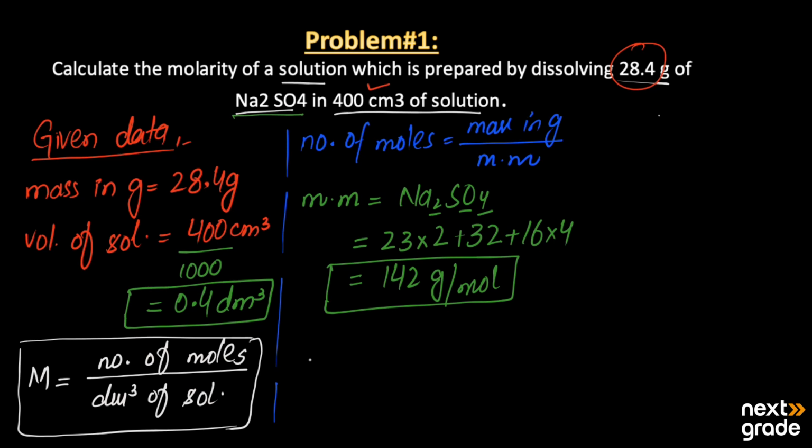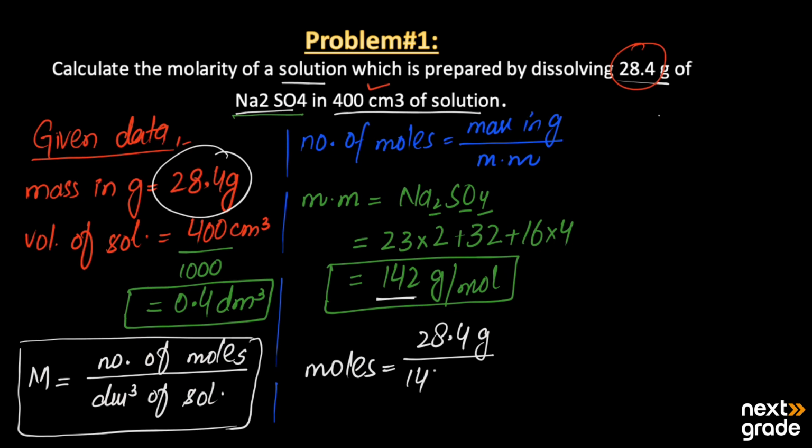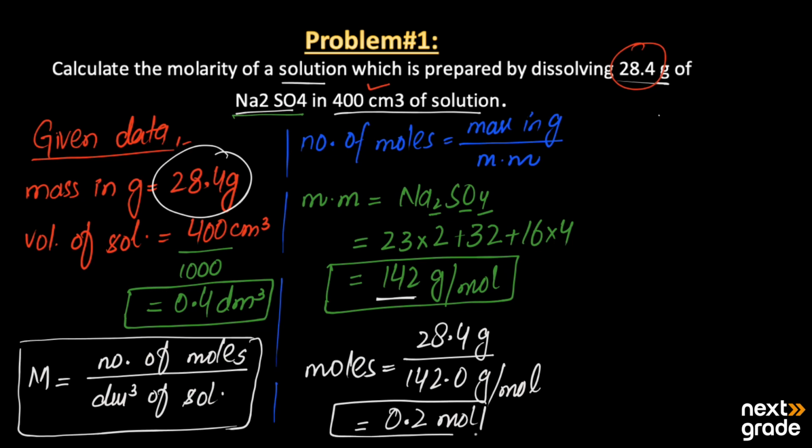The moles equal the mass of substance in grams, which is 28.4 grams, divided by the molar mass, which is 142 gram per mole, and the moles we get are 0.2 moles.